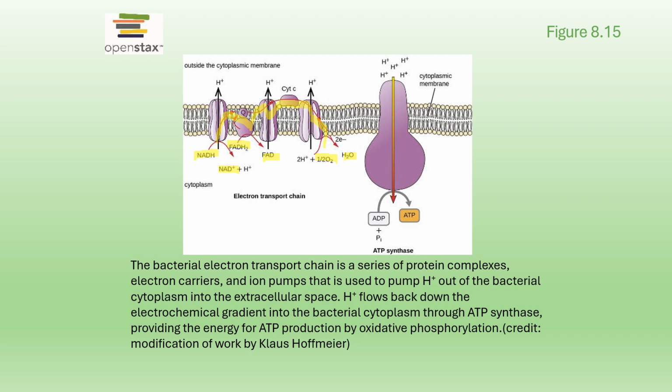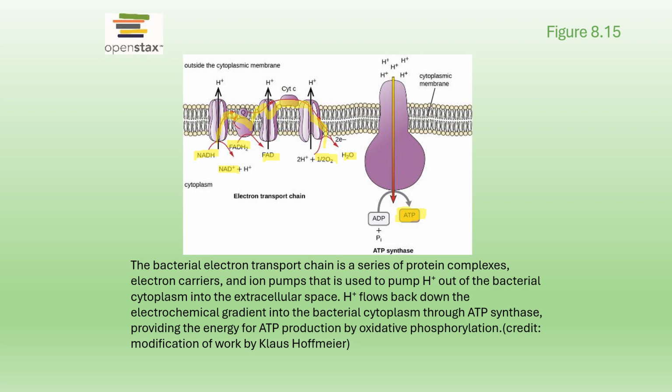And then finally over here, every time you pass a pair of electrons down this chain, you have hydrogens moving across the membrane through these proteins. You end up with a high concentration of hydrogen ions on this side. They move through this enzyme down here, and as the hydrogen ions come through, they help produce ATP, which is the final product also.